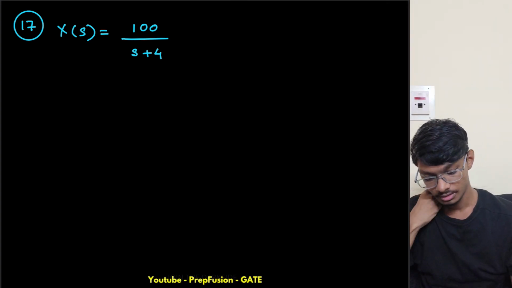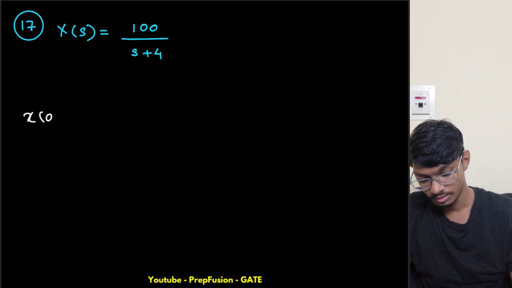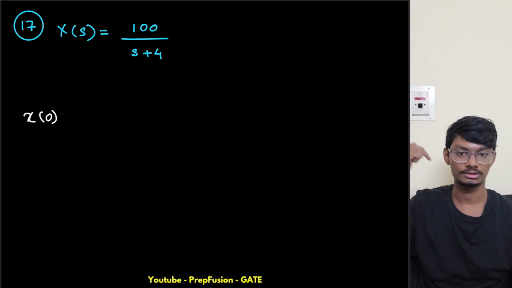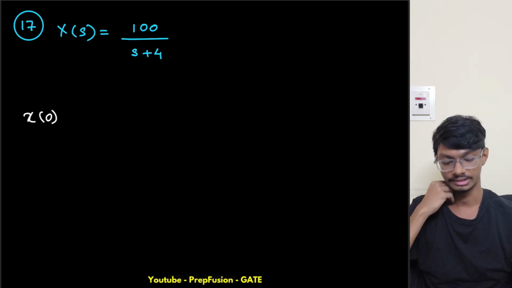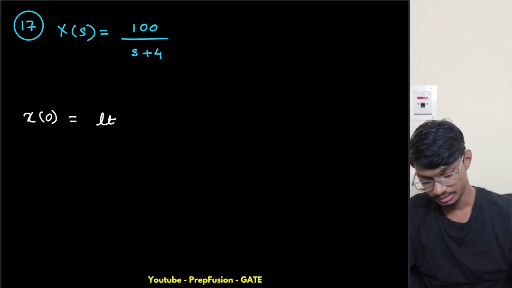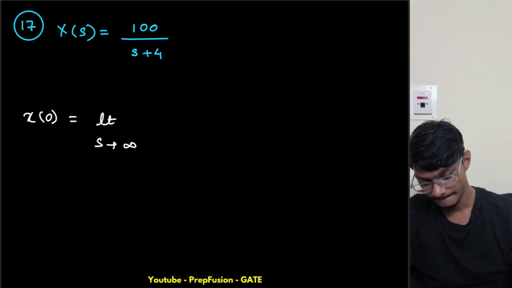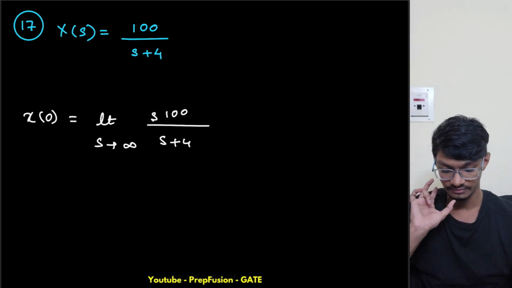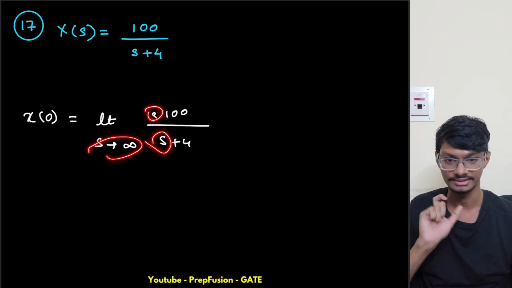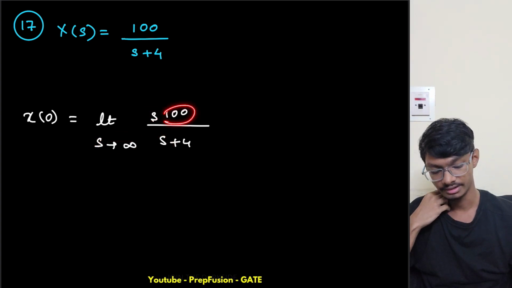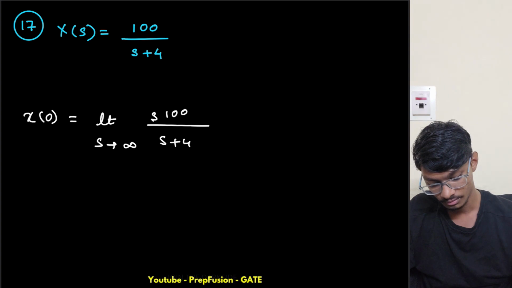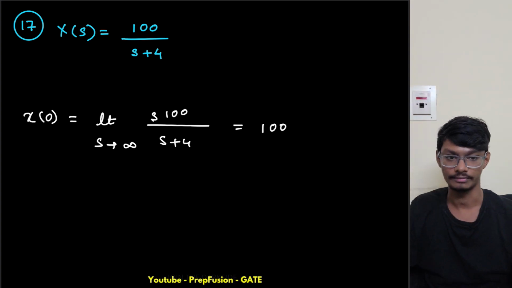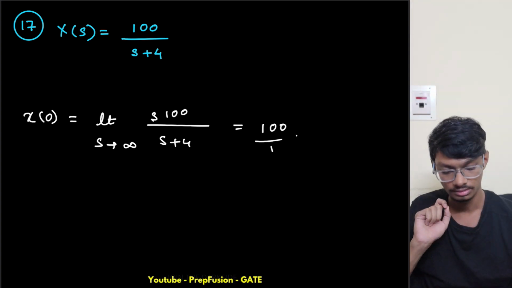Either I can find the time domain expression and from there find the initial value, or I can directly do limit s tending to infinity of 100 s by s plus 4. Now I hope you know when the limit is infinity, we only consider the coefficients of s. The coefficient of s is 100 here and it is 1 here, so it comes out to be 100 by 1, 100 only.